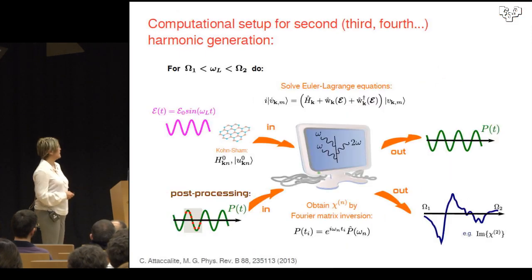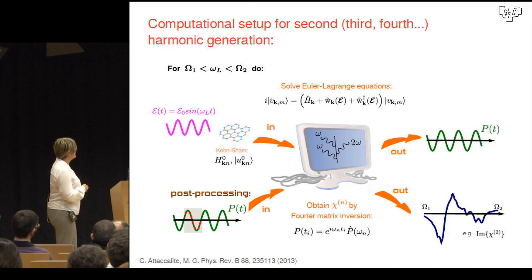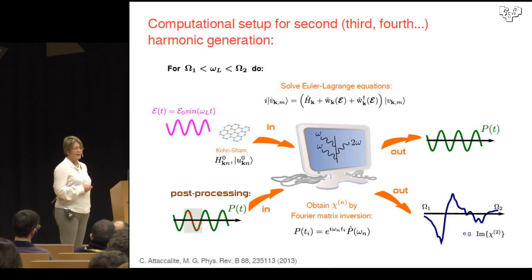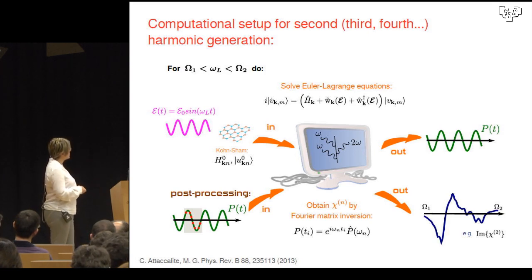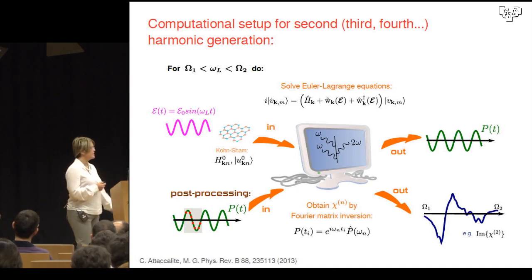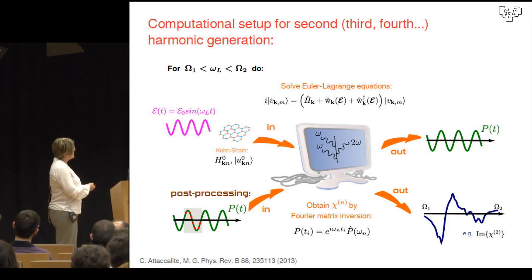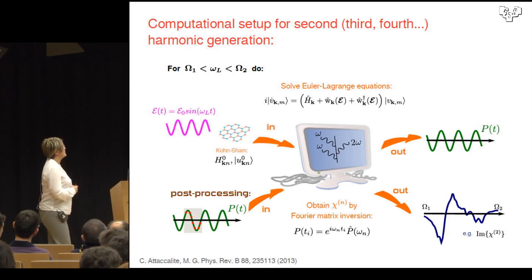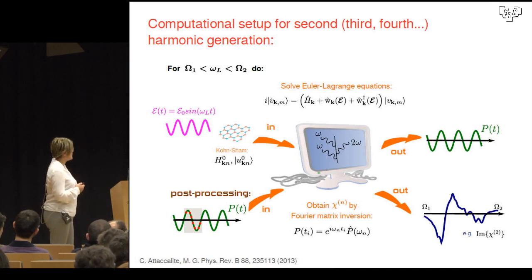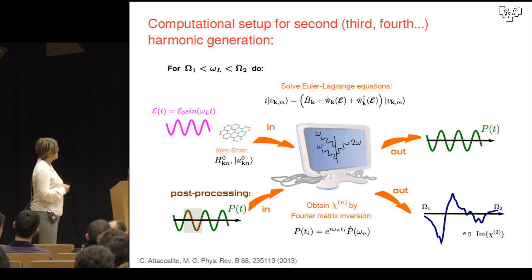So this is our computational setup. We are sending a monochromatic wave. We are calculating, as I said, the Kohn-Sham and GW corrections using DFT and GW codes. Then we integrate the Euler-Lagrange equation, and from that we calculate the polarization using the dynamic Berry-phase expression I showed you before.